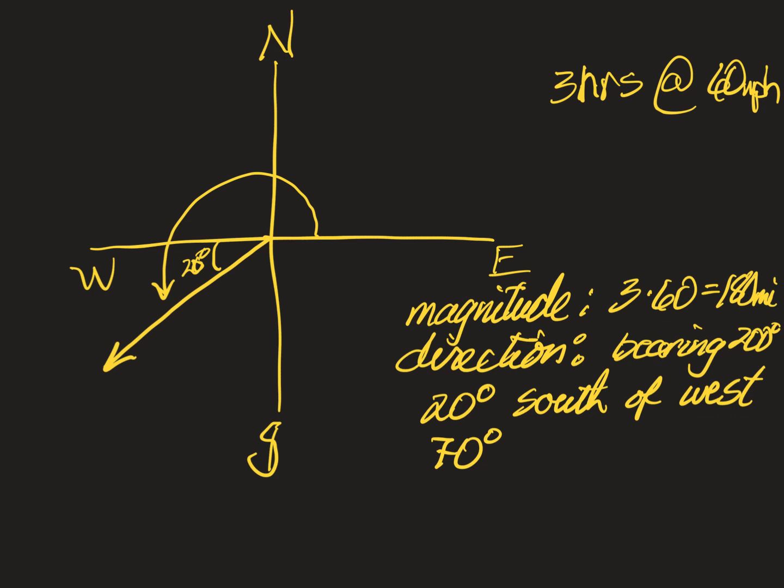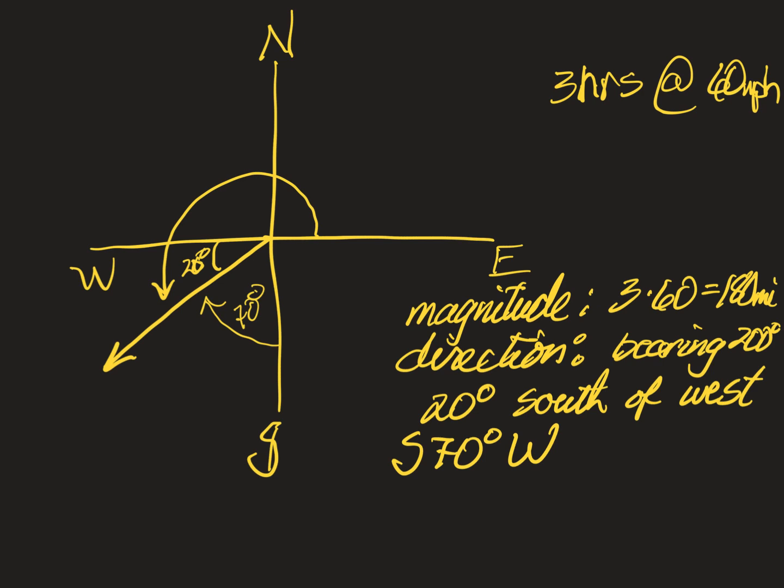Yeah, it's south 70 degrees towards the west, okay? So you're going south and then you go 70 degrees towards the west, and that gives you the correct direction as well.